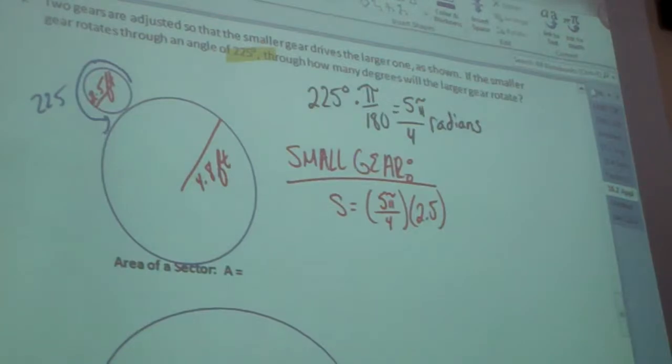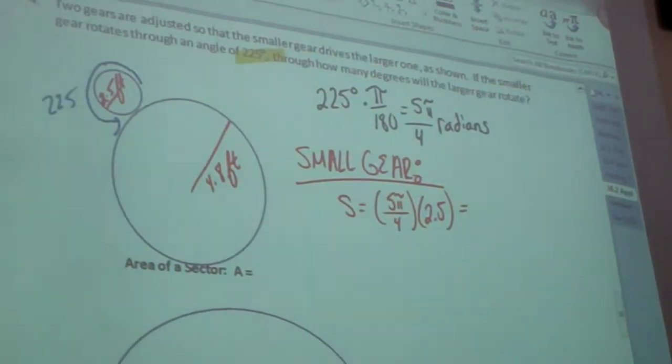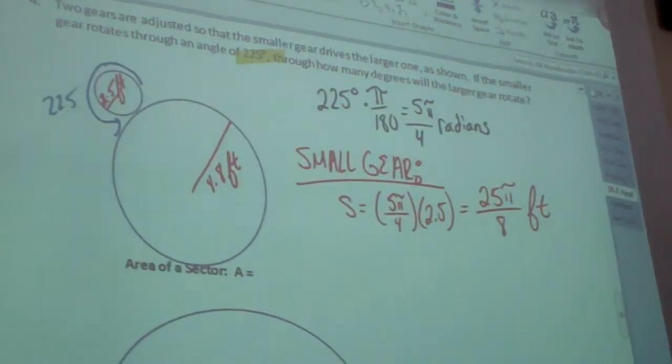That gives us 9.82. Let's keep it as 25 pi over 8. So there's 25 pi eighths feet that it went around the small circle.